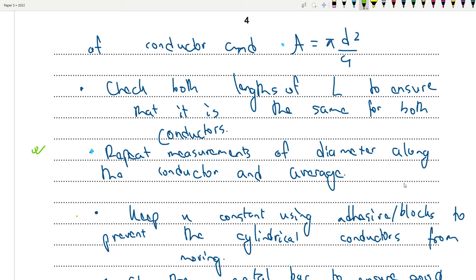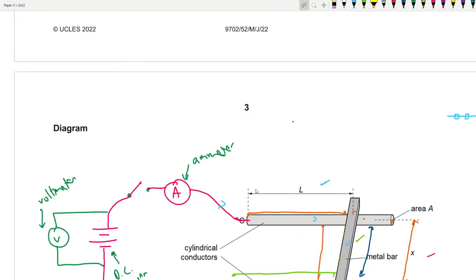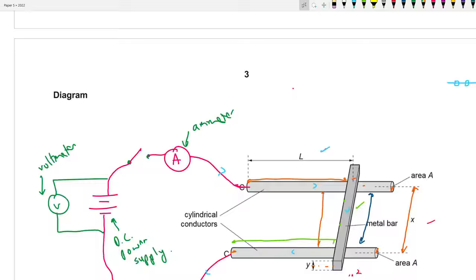Also, there are other things that we could do, like we could clean the metal bar to ensure good electrical conductivity, or you could use crocodile clips to connect the circuit to the conductors. Like you could use crocodile clips over here to connect the conductor to the circuit to ensure good electrical conductivity. So that's the same point.